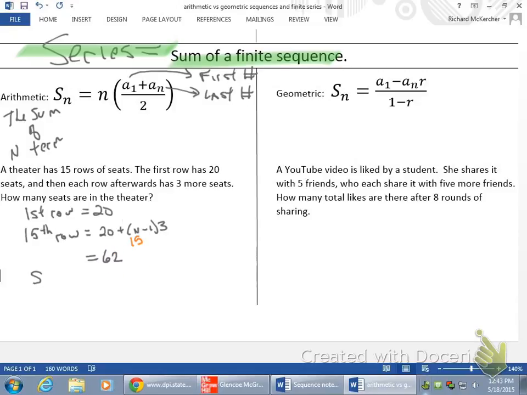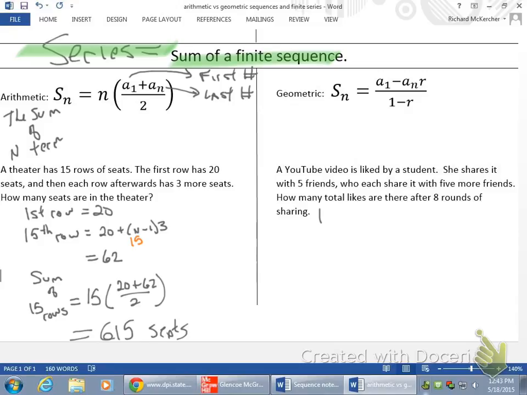So now you know the first row is 20, and the 15th row is 62. And then you can just use your formula. And of course that shows me that there are 615 seats in the whole theater.